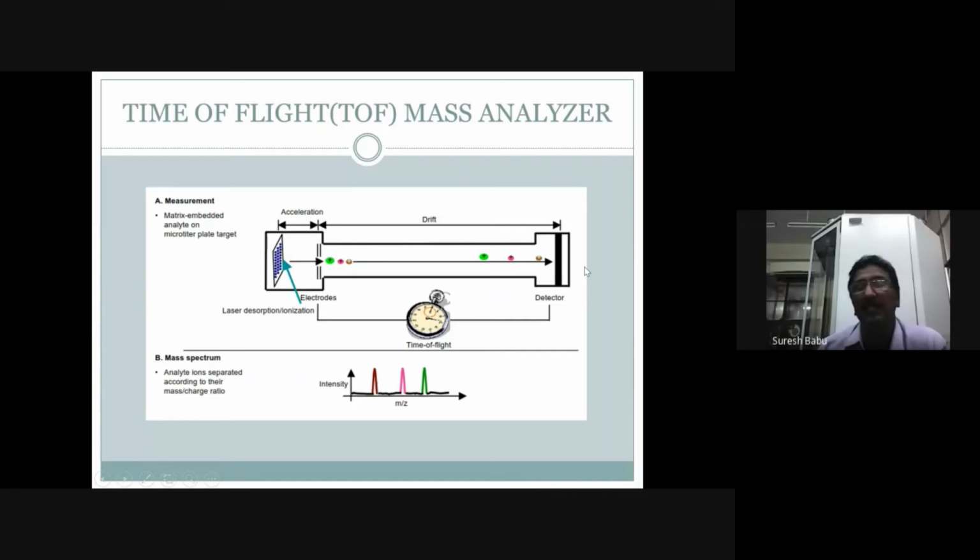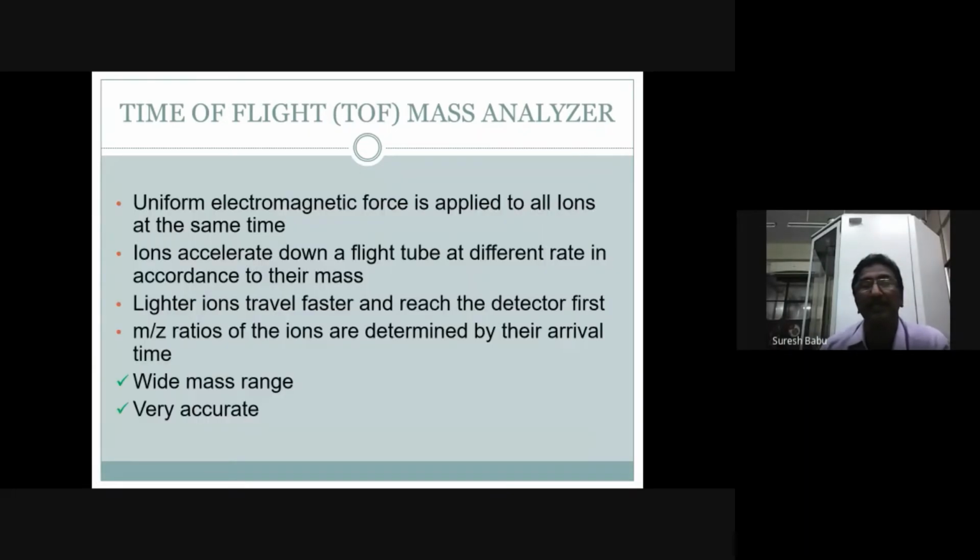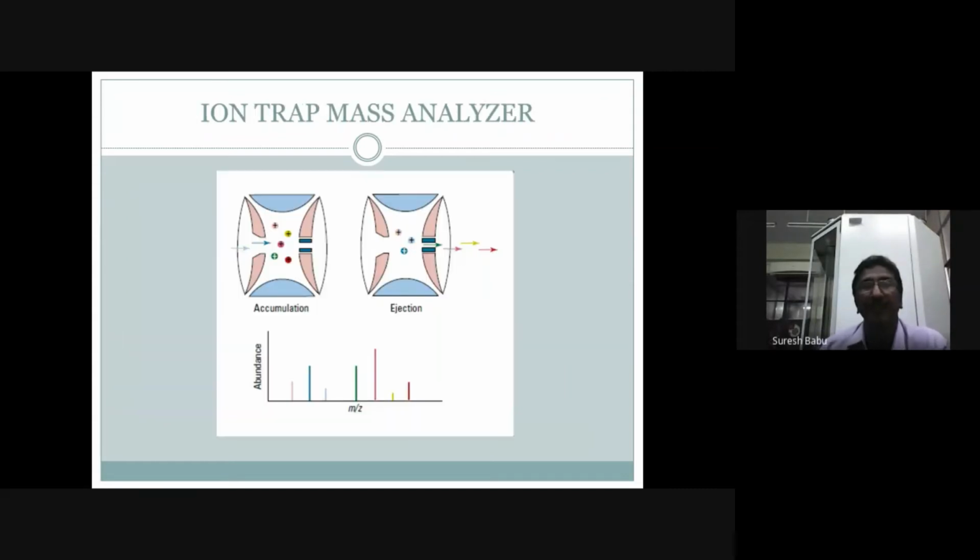In this way, the ions are separated according to the mass-to-charge ratio. Next is the ion trap mass analyzer. Here two circular electrodes and end caps are used. The ions are trapped inside, and in a second field, they are ejected according to their mass-to-charge ratio.